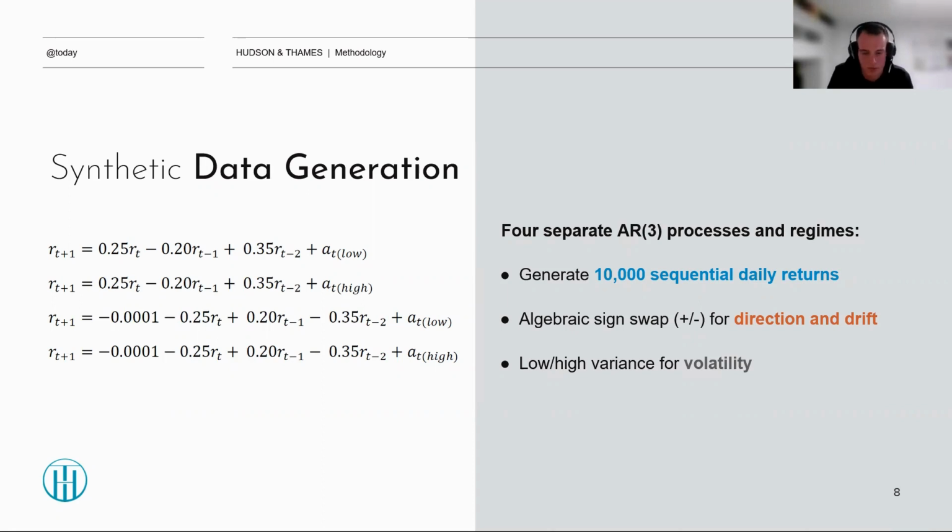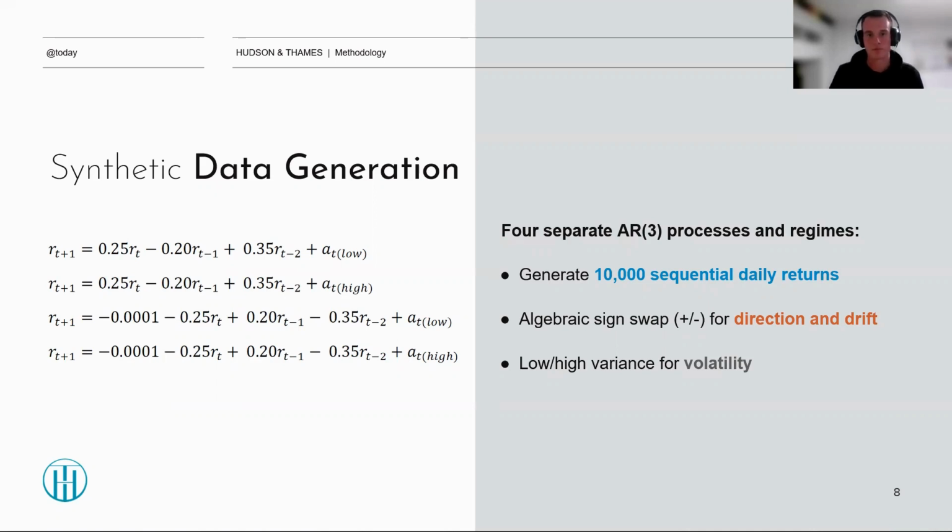Our aim was to investigate the superiority of an ensemble over a single model, and therefore we introduced these different drift and volatility regimes. That was achieved by altering the variance of A_t for the volatility regimes, by introducing a uniform random number between 0 and 1 and a threshold of 0.8.